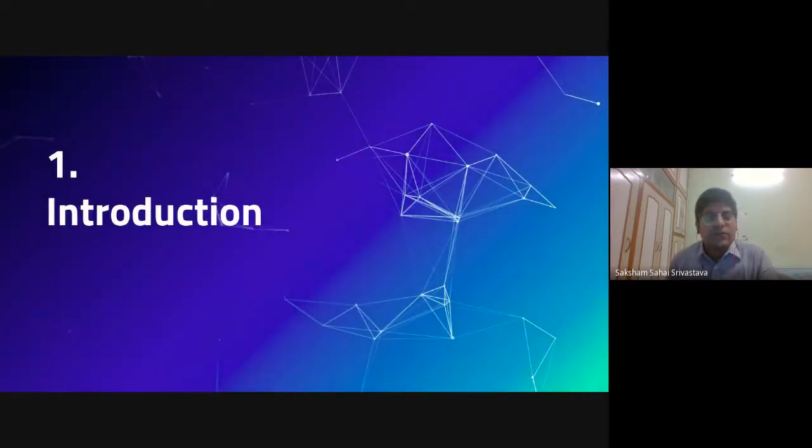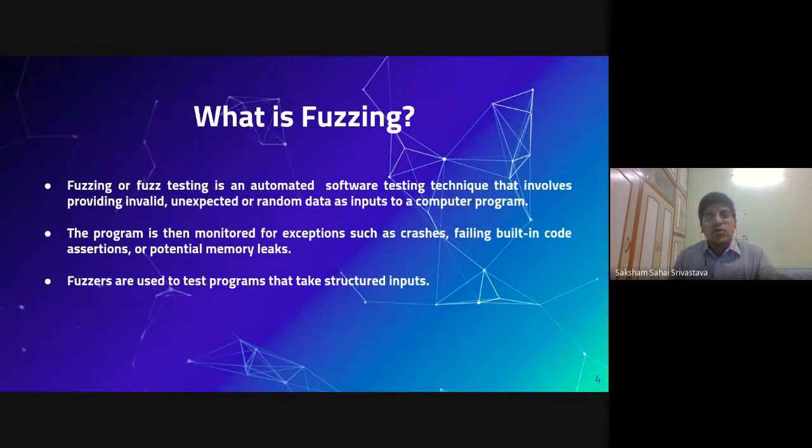So I'll begin with the introduction to fuzzing. So what is fuzzing? Fuzzing is an automated software testing technique that involves providing invalid, unexpected, or random data as input to a computer program. So basically in fuzzing, we try to give invalid, random data as input.